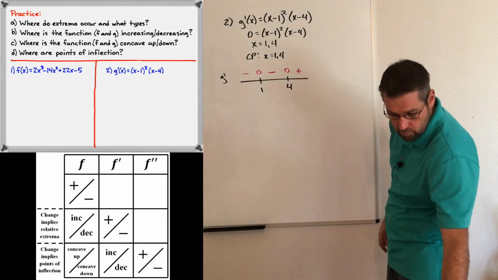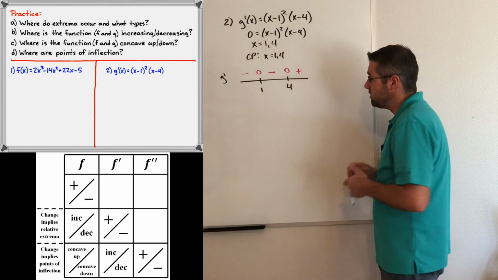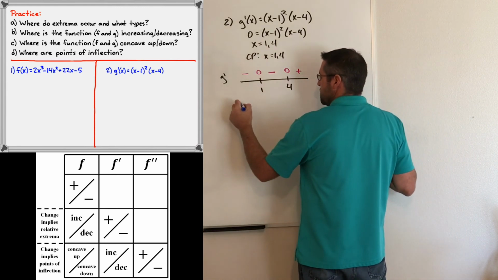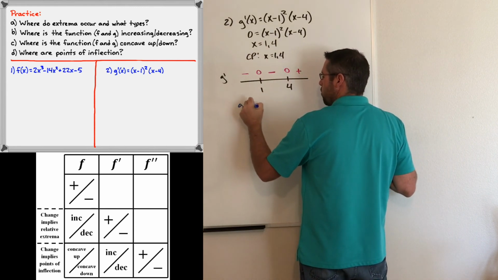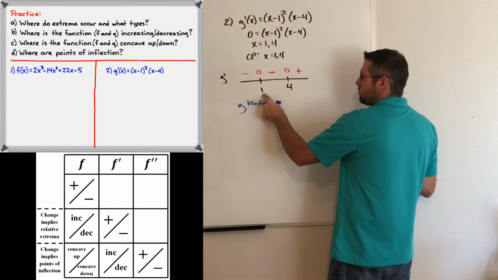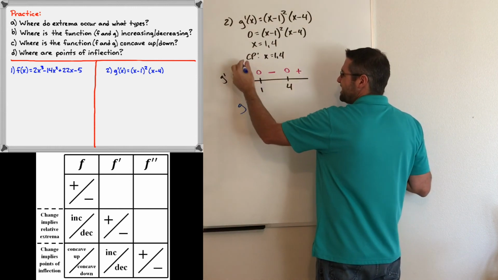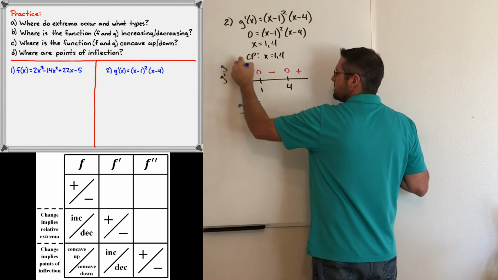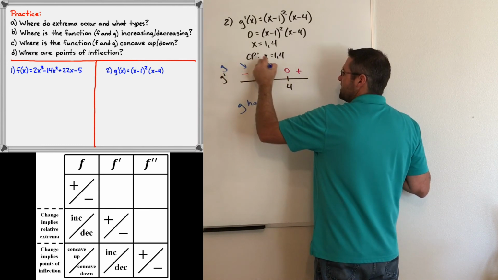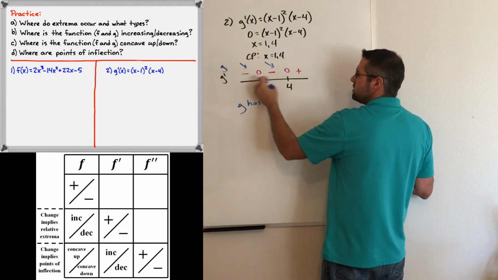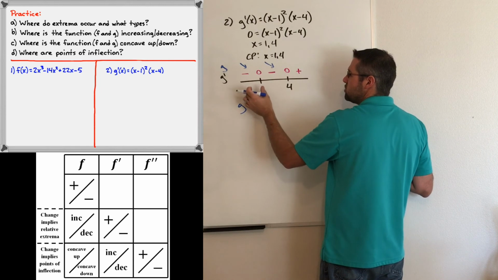So let's write our justification here. We would say that g has what? Well, at x equals 1, g prime is negative, which implies that g is decreasing and then decreasing again. So there is no relative extrema at 1 because g prime did not change signs.